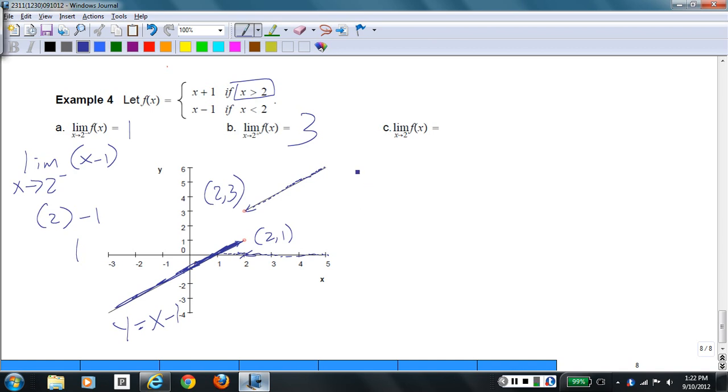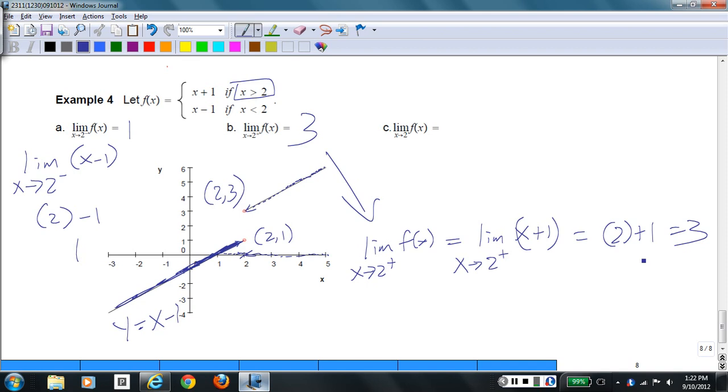So the limit of f of x as x approaches 2 from the right is equal to the limit of x plus 1 as x approaches 2 from the right. So 2 plus 1 equals 3. So to evaluate the limit, we use the expression that's used to define the function on the interval that we care about. And the interval that we care about is x's that are greater than 2.